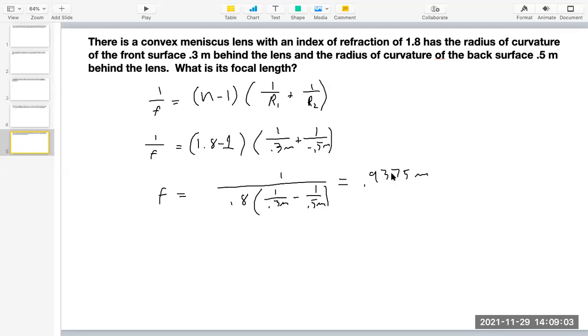So because the concave surface had a greater radius of curvature, or a more shallow curve, than the convex surface, it still is a converging lens.